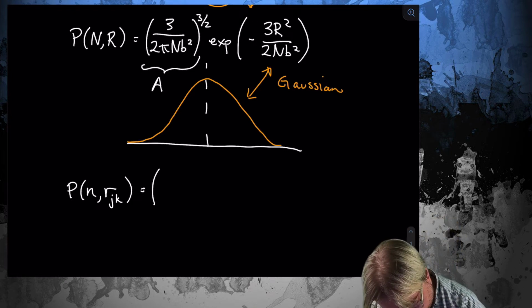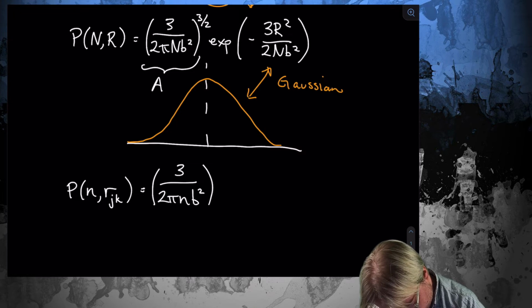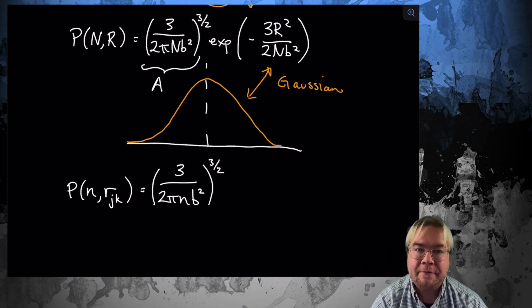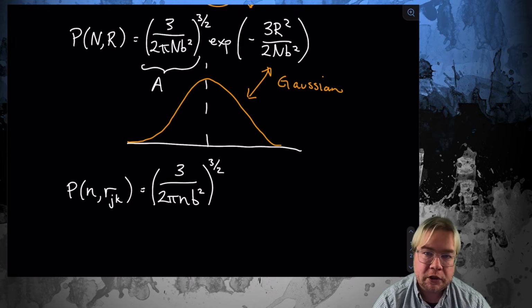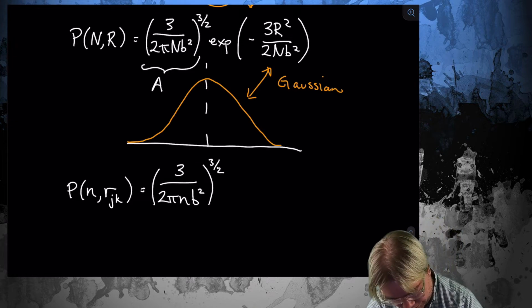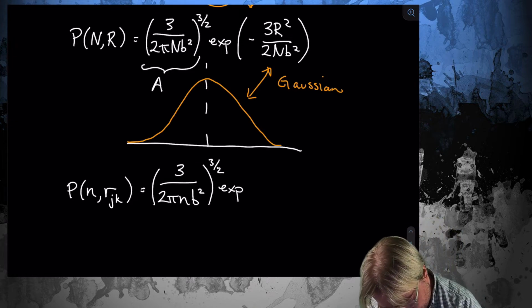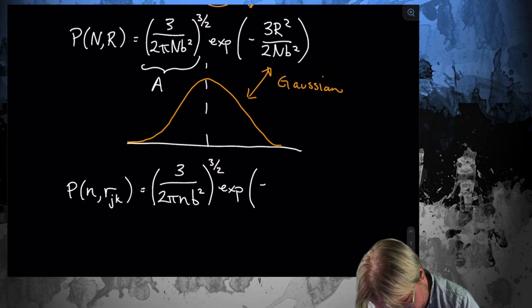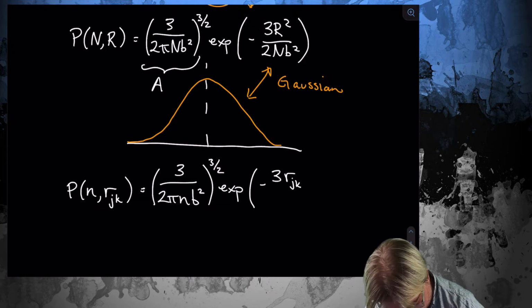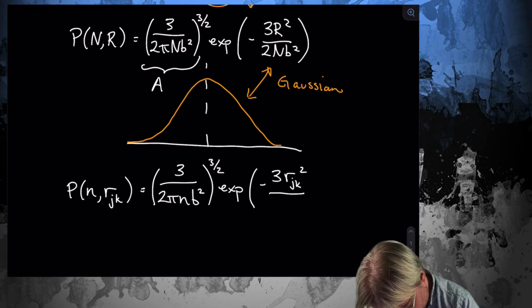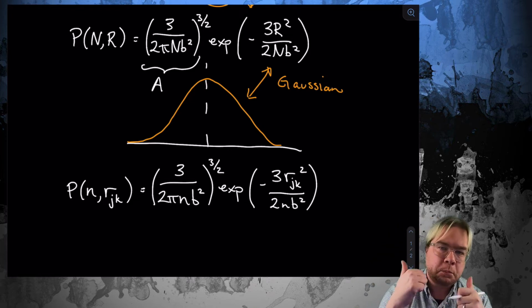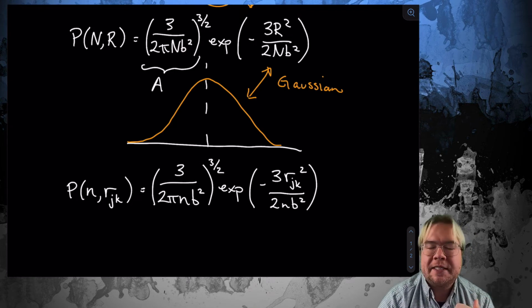This would be equal to 3 over 2 pi little n b squared to the 3/2, and then for that exponential term, we're just going to have to make the appropriate substitution. So this will include the exponential of minus 3 r_jk squared over 2nb squared. Okay, so that's what self-similar means.